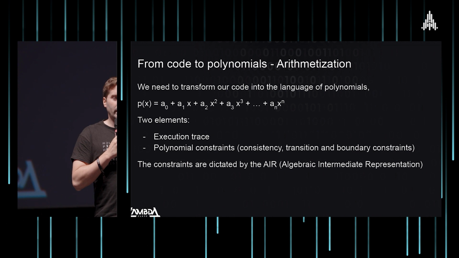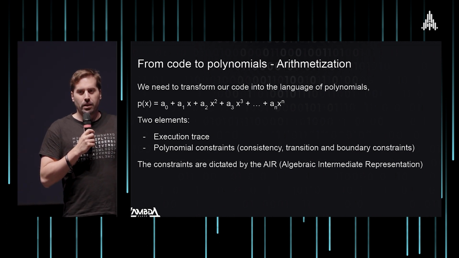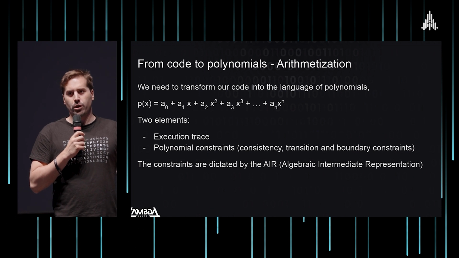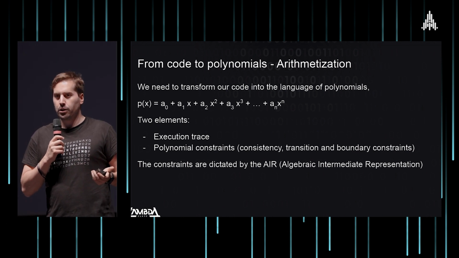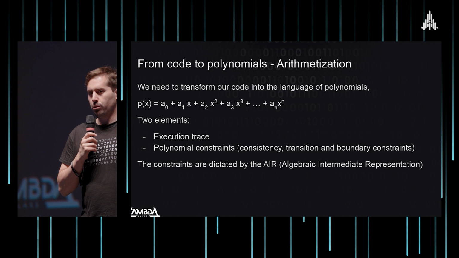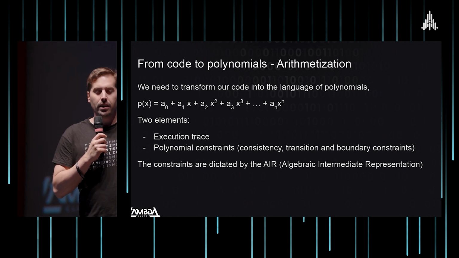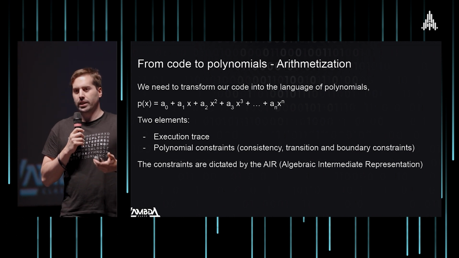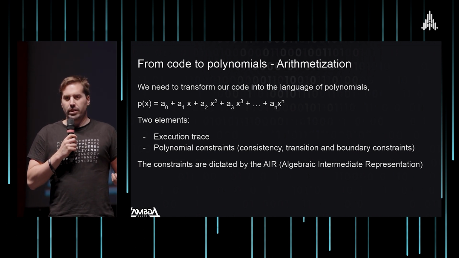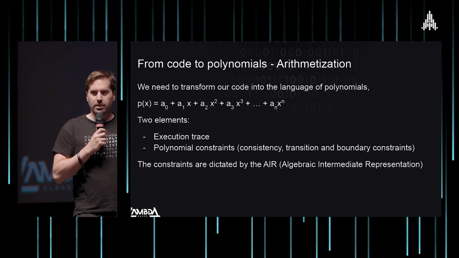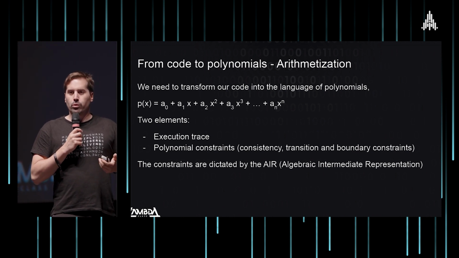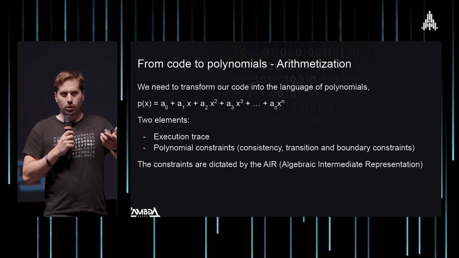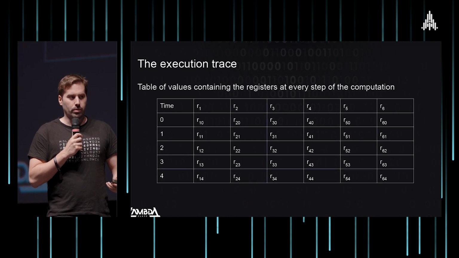These constraints are dictated by the AIR, and that depends on the VM you're using. In the case of Cairo, you have the Cairo AIR, which is supported in our library. But if you use a VM like Miden, you have its own algebraic intermediate representation. So that depends a lot on the program you want to run. But once you have it, you can prove any program.